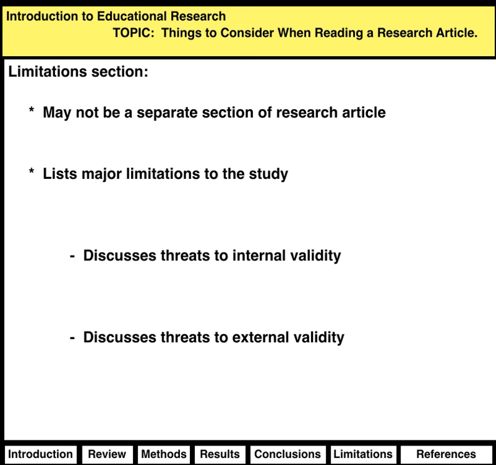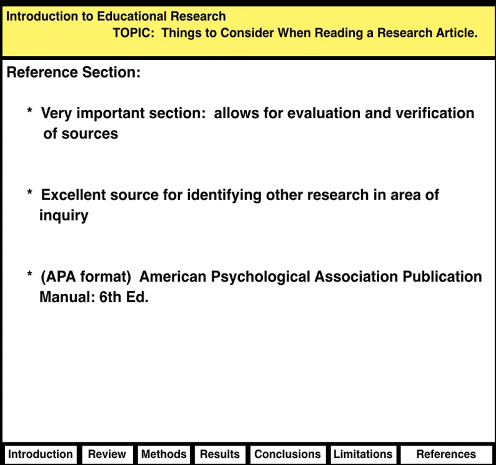Okay, now let's continue on to the last part of the research section, which is the references. And as you can see, the reference section should include an evaluation and verification of all sources used. And the reference section is an excellent source of identifying other research in the area.